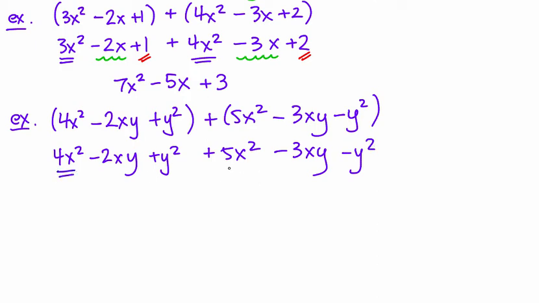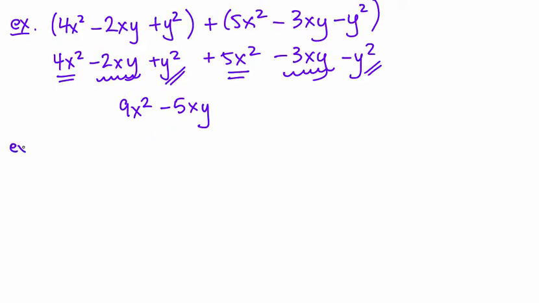There are some x squareds and some more x squareds, which would give 9x squared. Here are some xy's, and here are some xy's. Minus 2 and minus 3 is minus 5xy, and plus y squared, take away y squared, well, no y squareds. Now I look to see if this is in degree order. It's degree 2, so the tiebreaker is alphabetical. xx comes before xy, and I'm done.